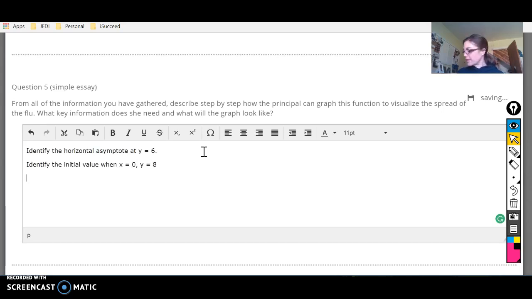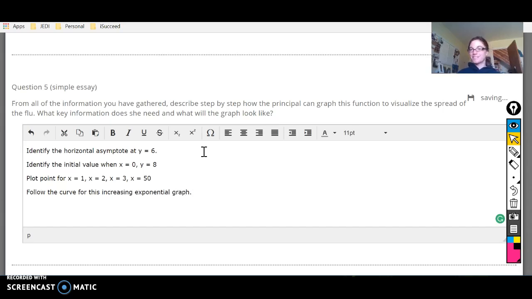And from there, what I would do is plot points for x equal 1, x equal 2, x equal 3, maybe x equal 50, and then follow the curve for this increasing exponential graph.